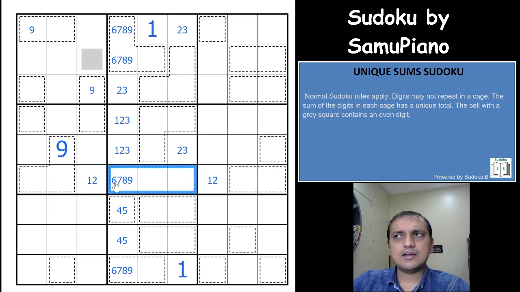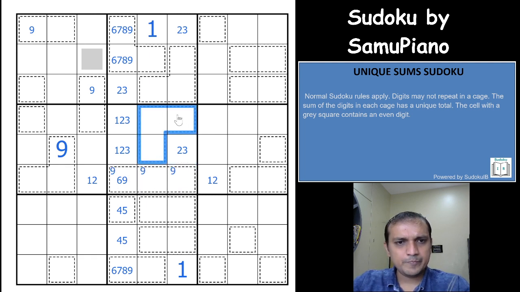So when 18 has a 9, it cannot have 8 in it, 7 in it, 6 is still possible. So you have 9 in one of these three cells. It cannot have 8 in it, so 8 would have to be in one of these three cells. It cannot have even 7 in this, so 7 has to be in one of these three cells.